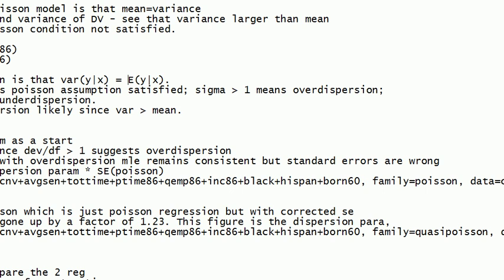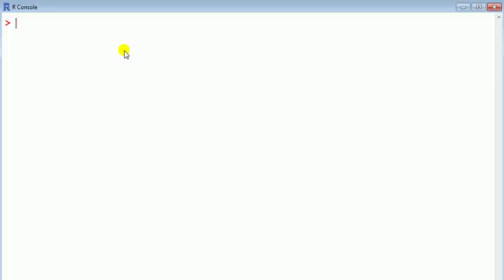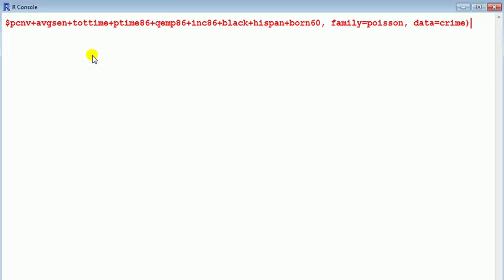That means the assumption of Poisson is satisfied. But if sigma squared is greater than 1, that means we've got overdispersion, and if sigma squared is less than 1, as I said, we have underdispersion. Well, we'll start off with the usual Poisson model first.